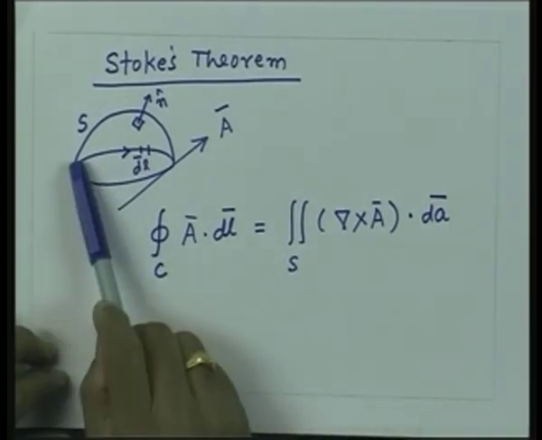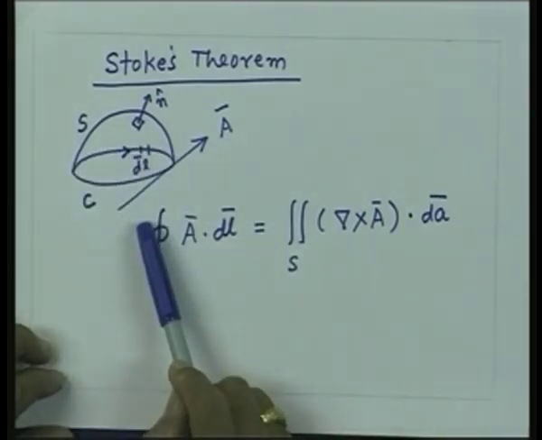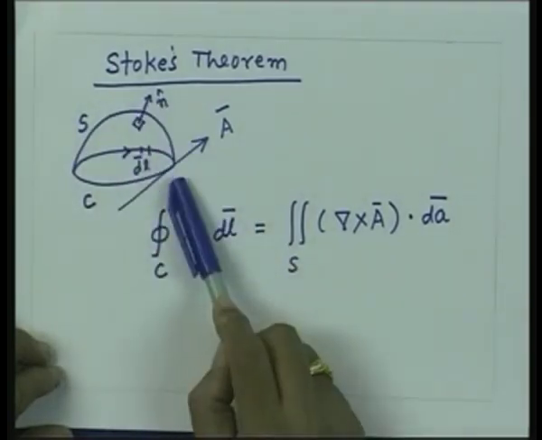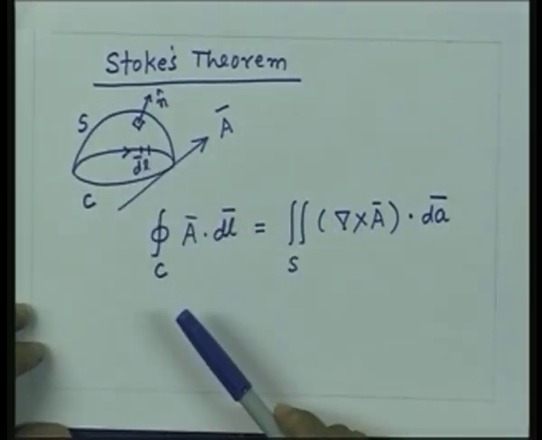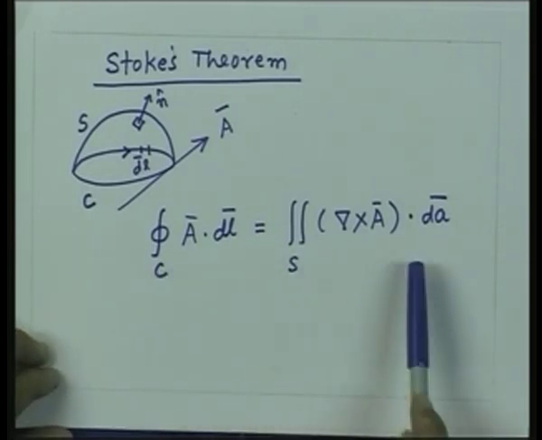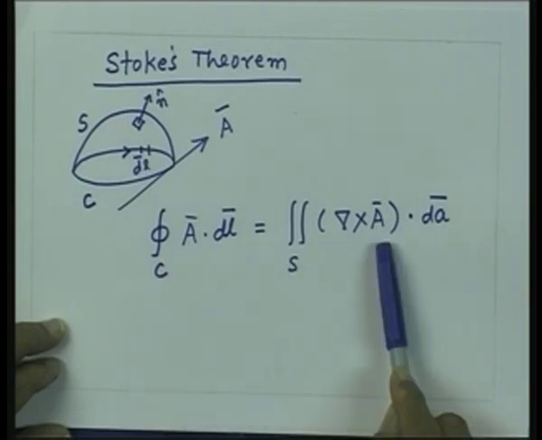So, the line integral of this vector A on this contour is equal to the surface integral of the curl of this vector A. So, this theorem can be used now for converting the line integral to surface integral and vice versa.